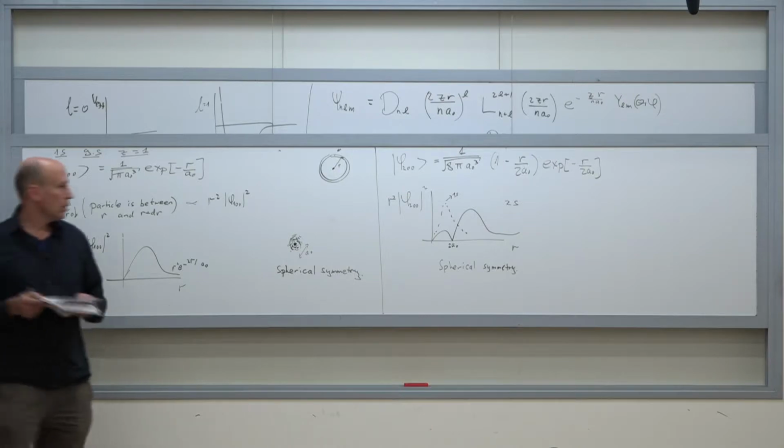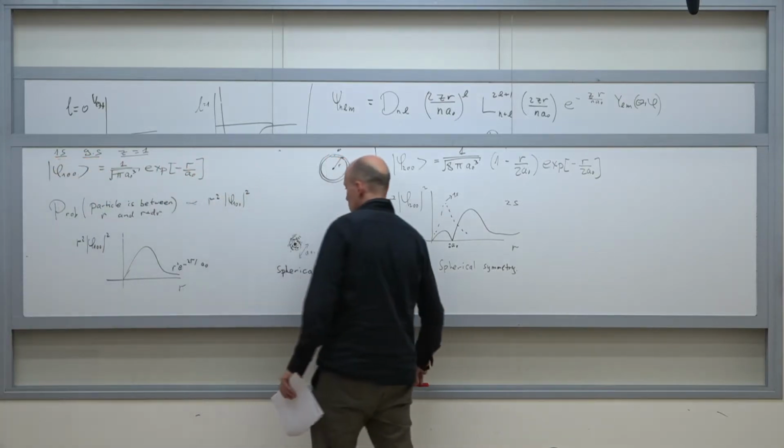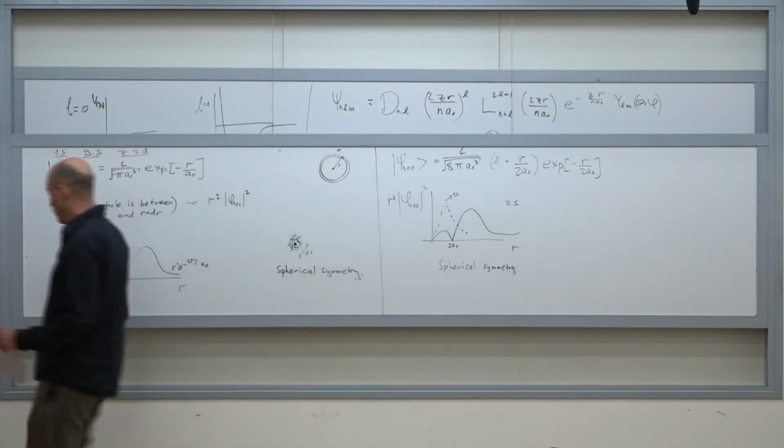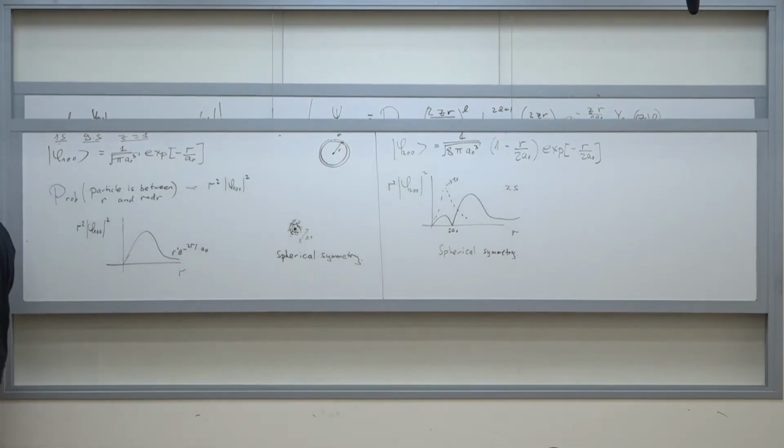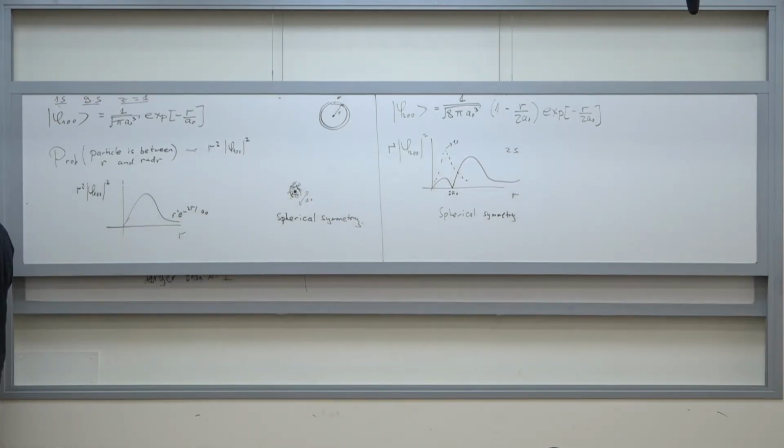Okay. This is all simple, but how will we plot, for example, the 2p level?